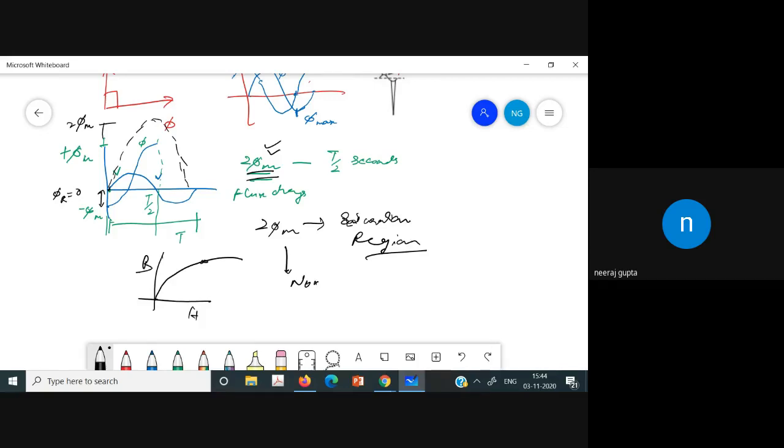So it draws a large magnetizing current because of the flux and the non-sinusoidal waveform, and the magnetizing current as a result is very high because we are moving in this region. It can be of the order of nearly 30 times the full load current.